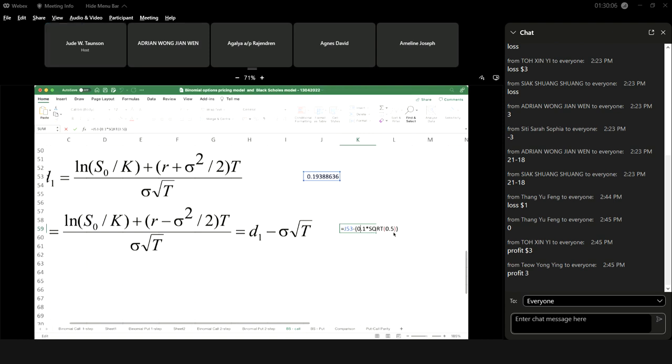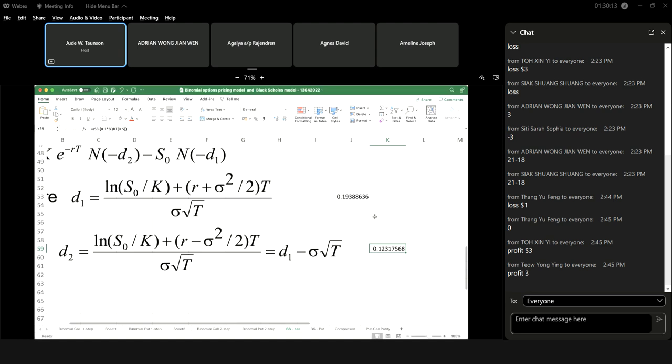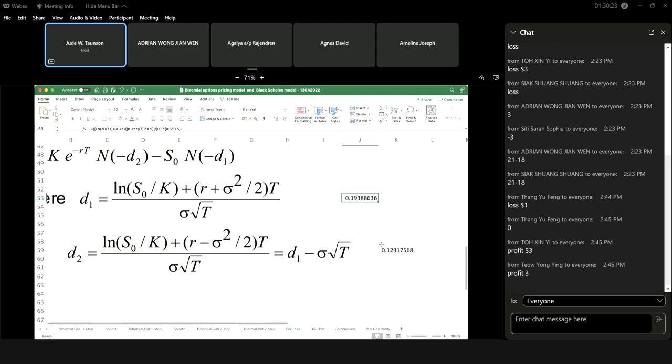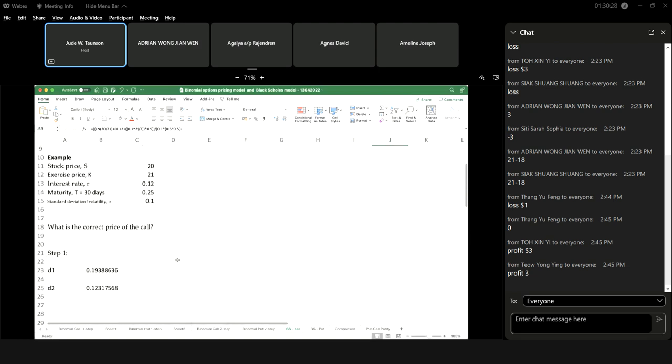All right. So you have D1 and you have D2. Any question? So please, you should be able to use a calculator as well. How to check using a calculator? Yeah, and Excel as well, right? And okay, this is the first step. So we have D1 and D2.